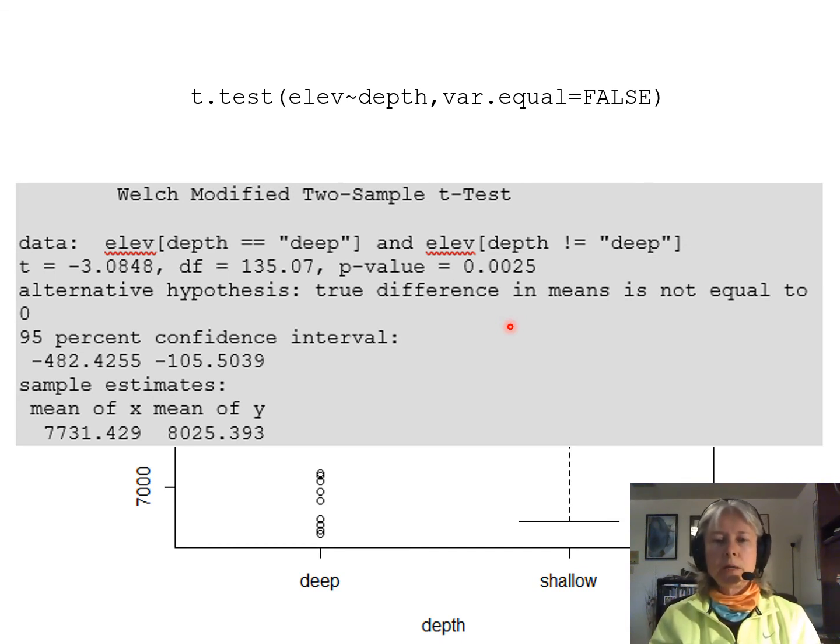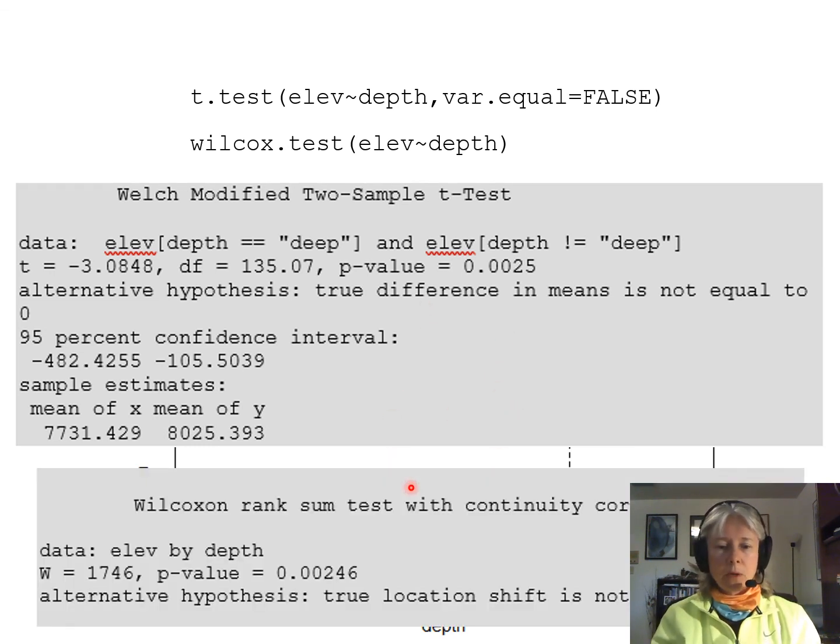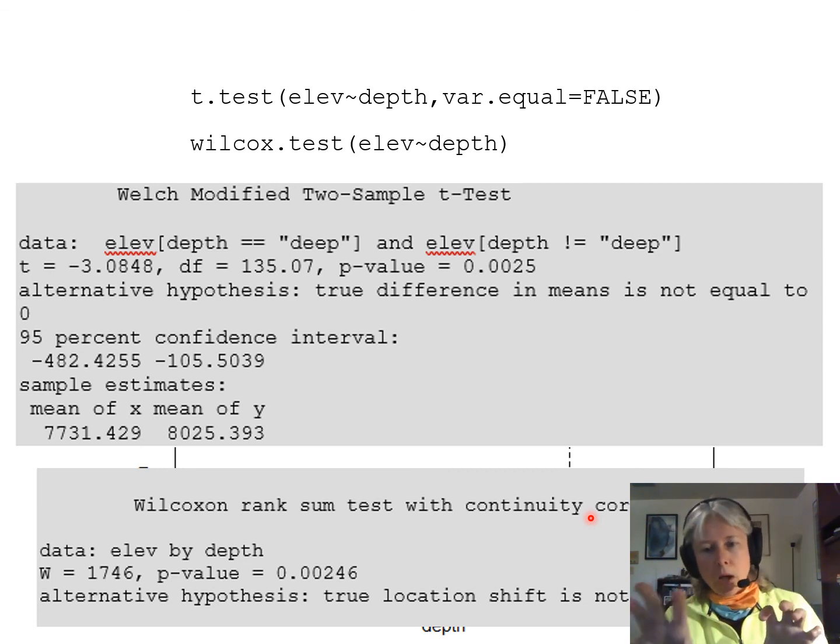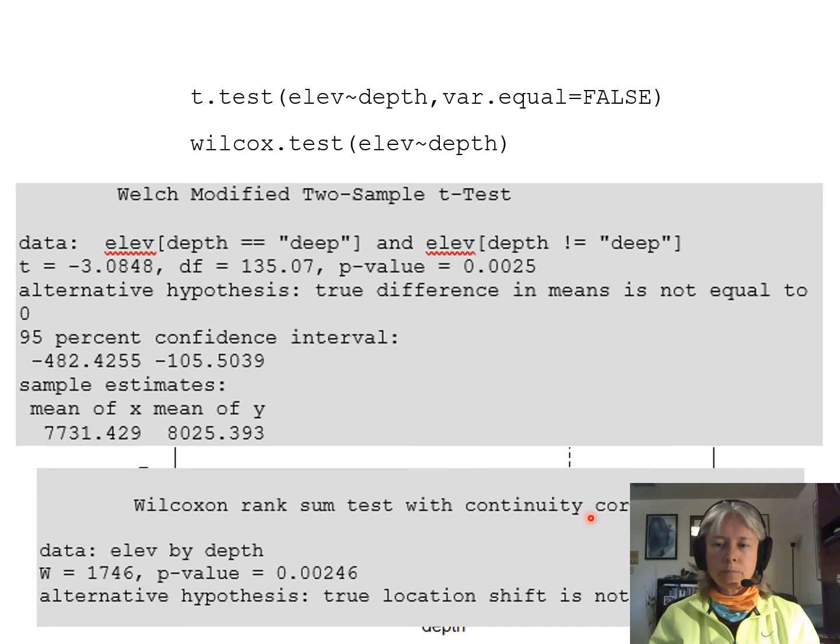So in this case, if you wanted to do a Wilcoxon rank sum test on these data, the command is this, and then the results are here. This continuity correction down here is an automatic adjustment that's made to approximate a binomial distribution, since we have a binomial type of variable, deep and not deep soils here.